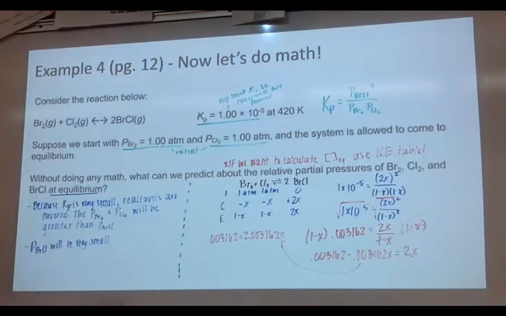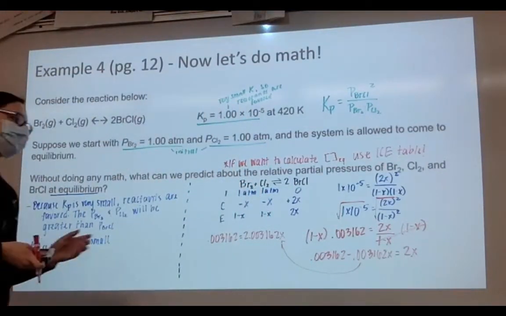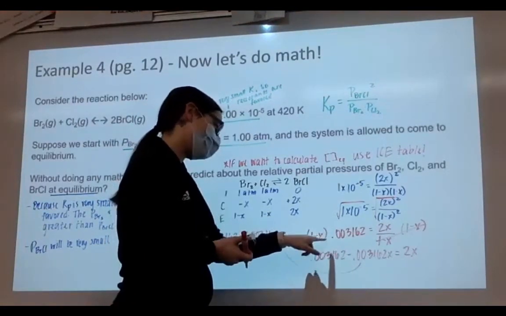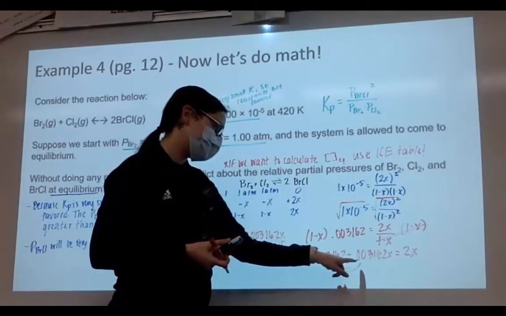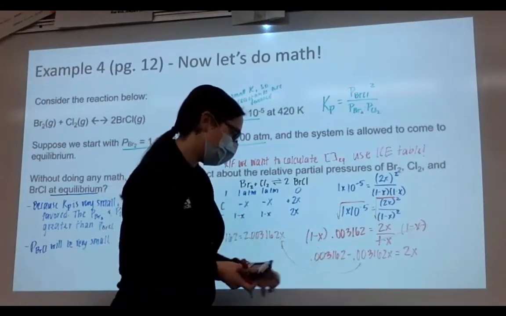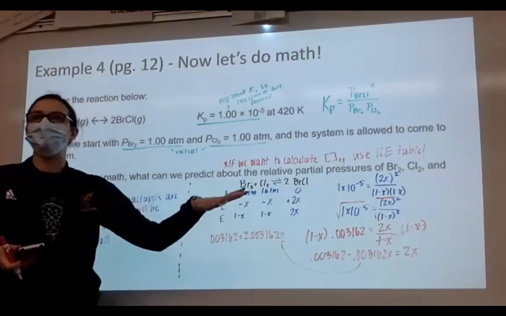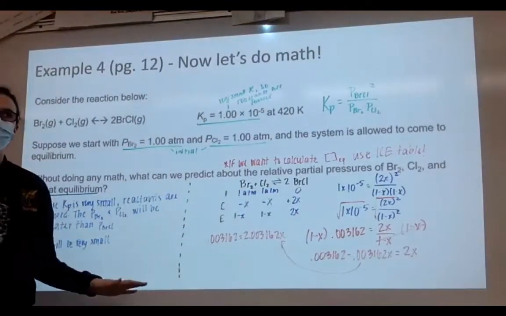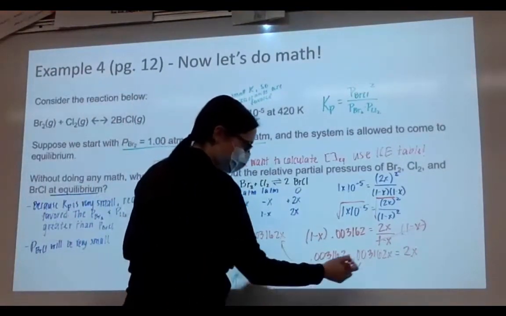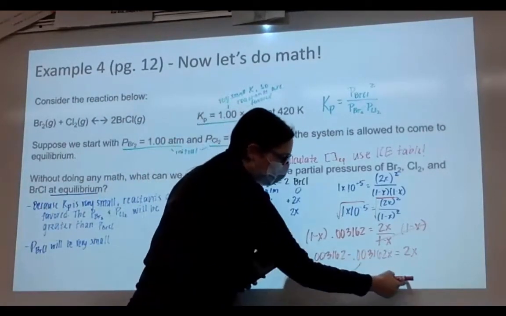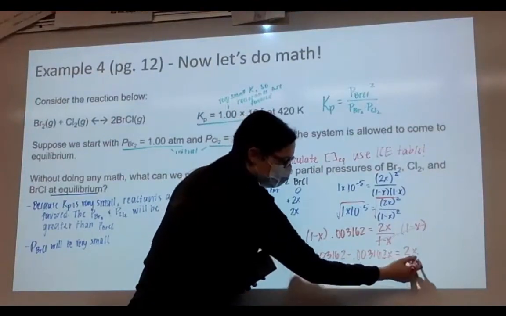So this is how it's just algebra. What I did, I multiplied both sides by 1 minus x, and then I distributed the 0.003162. This arrow is just showing that my math is moving. This arrow is not like a mathematical function. I'm just showing you that I'm moving my work up here. So then to get here, I combined like terms.